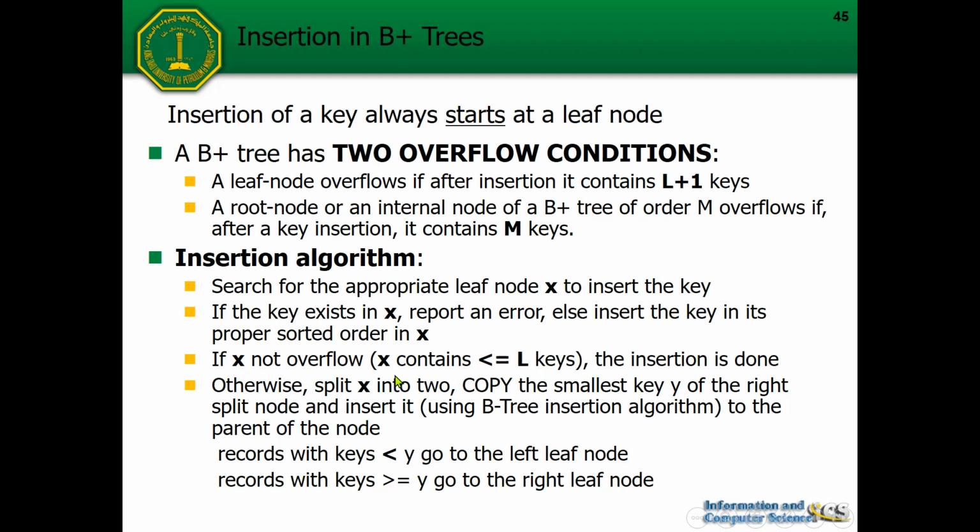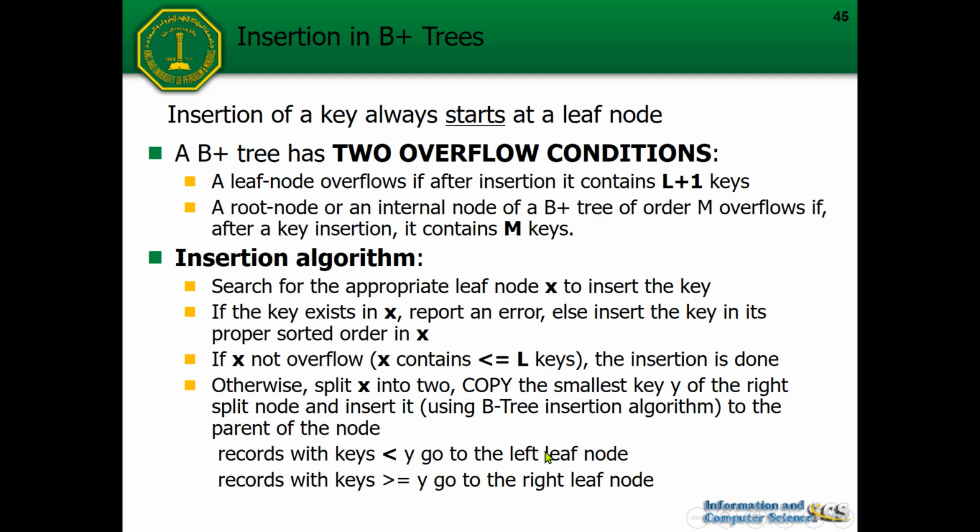If X does not overflow, meaning that it contains less than or equal to L keys, then we can say that the insert operation is done. Otherwise, we need to split X into 2, then copy the smallest key Y of the right split node and insert it into the parent of the node. Because the parent of the leaf is an internal node or the root, they are similar to the B tree. That's why the insert operation will use the B tree insert algorithm.